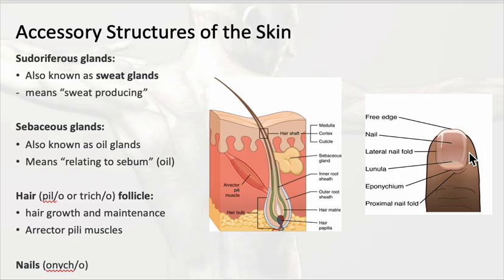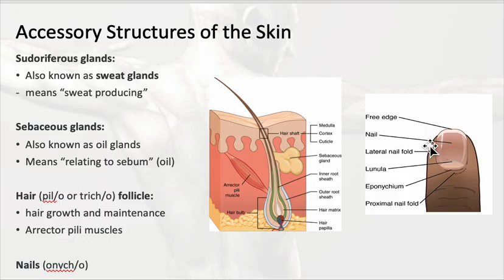They grow from a specialized area of skin called the nail matrix, and that's located at the base of the nail here. As cells in the matrix divide and they fill with keratin, they harden and push forward to form the actual nail itself, the nail plate, which is the visible part.